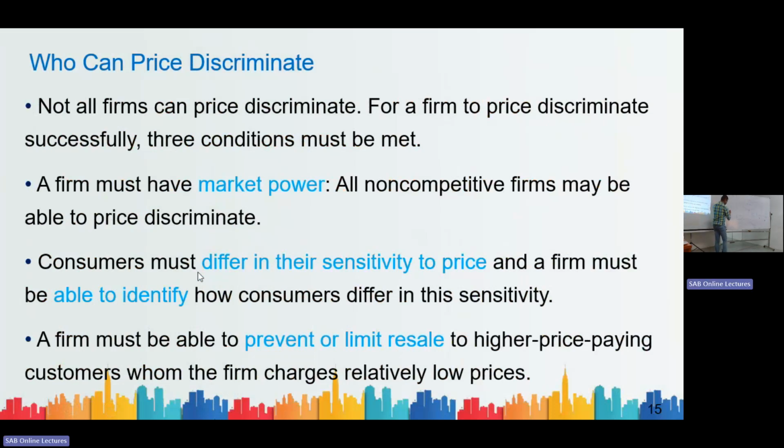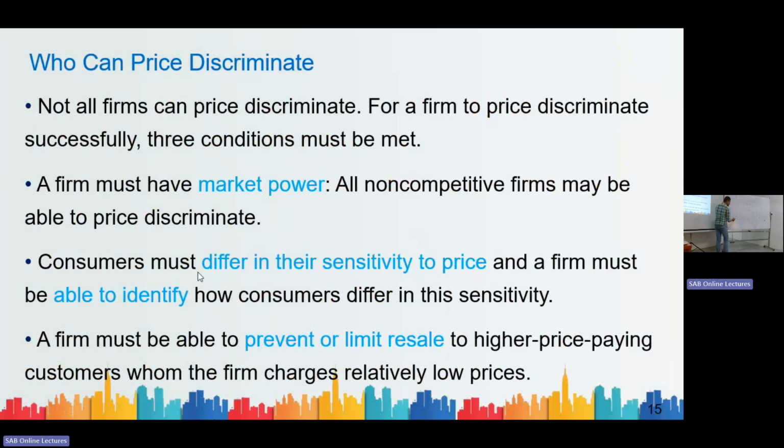The same firm caters in different locations, location A and location B. In location B, because of a specific reason, this firm charges a lower price.